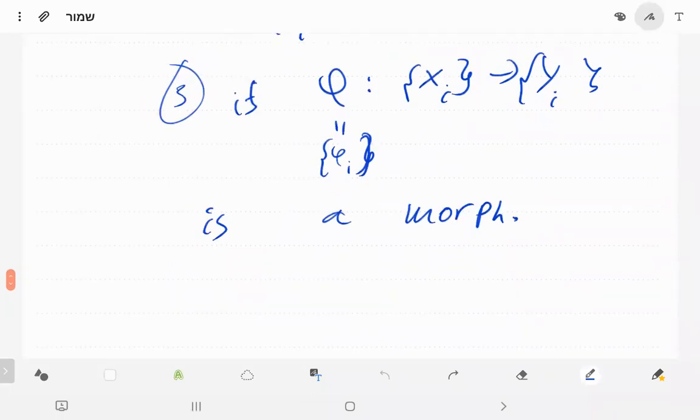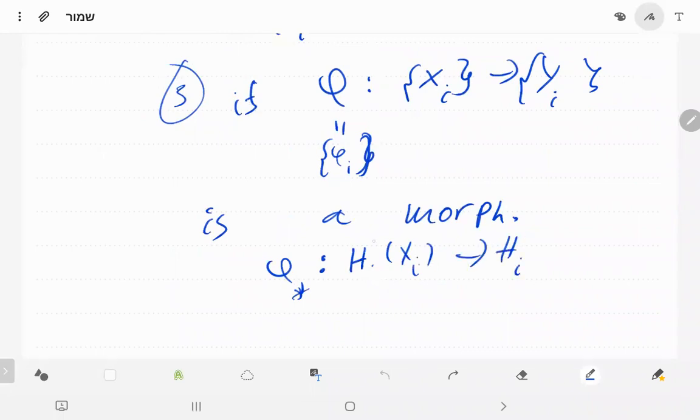So now if we have a morphism of two complexes, I can define phi lower star from H^i of the first one to H^i of the second one.